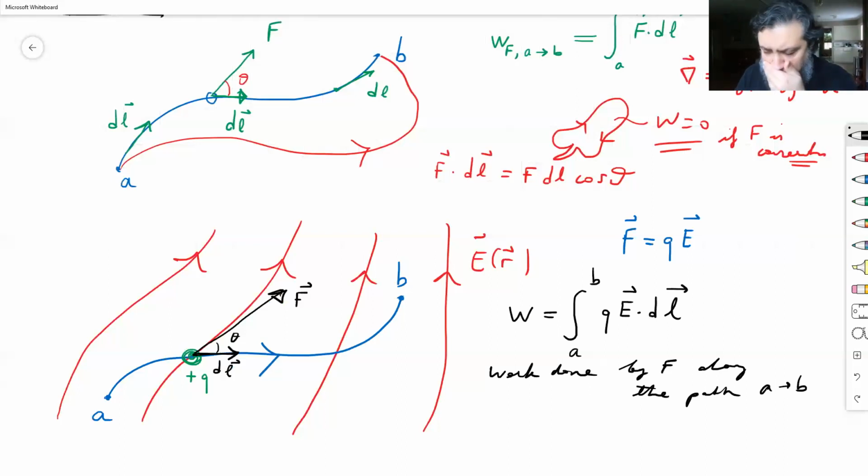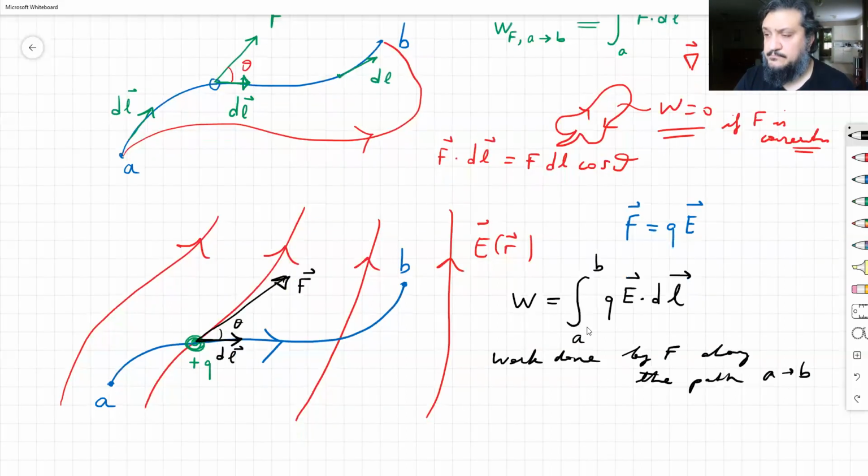Now, I want to consider a simple example. I'm going to put some constraints on this and see how you can apply it, all right?